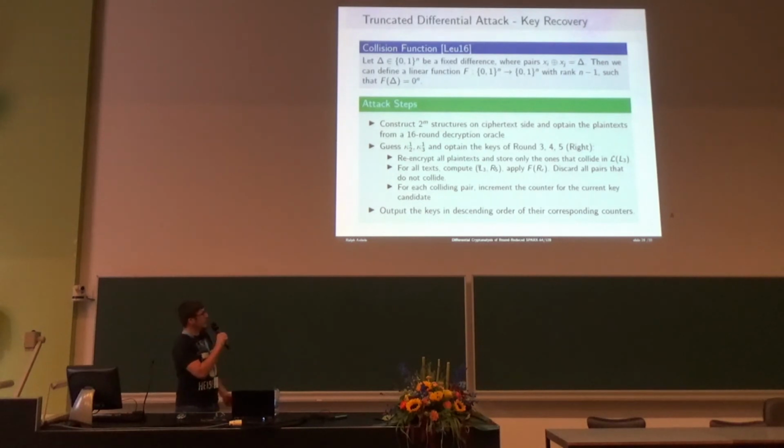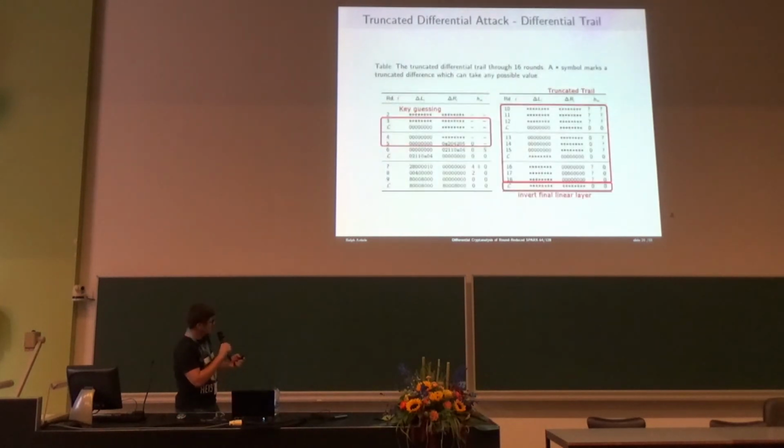For our attack, we build the structures on the ciphertext side, so we start the attack on the ciphertext side, and we obtain the plaintexts from a 16-round decryption oracle. We guess the keys, as I mentioned before, in rounds 3, 4, and the right half of round 5. Then we re-encrypt the plaintext and store only the ones that collide here.